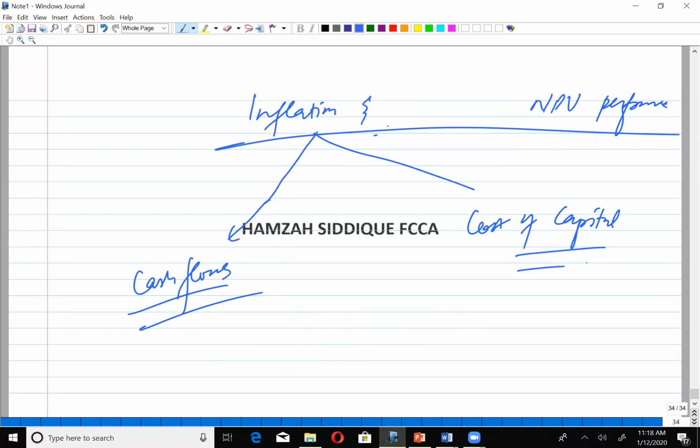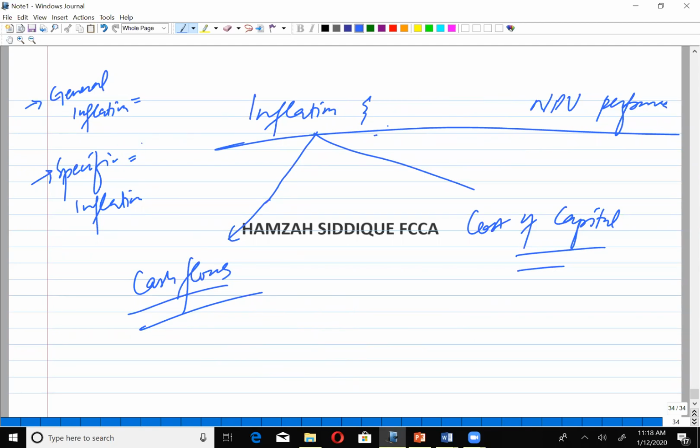Before discussing, inflation is of two types. One is general inflation and the other is specific inflation. General inflation is basically the consumer price index, the overall average inflation in the economy.